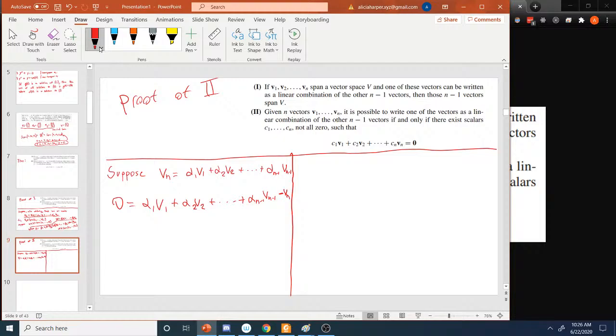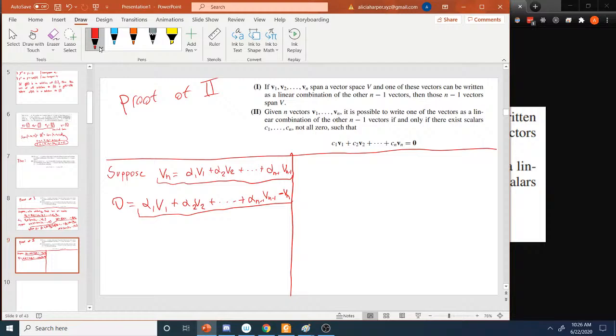Note that not all coefficients here are 0 because the coefficient of Vn here is negative 1. So if we have this relation, we easily get a relation of this form, where not all the coefficients are 0. So this completes one direction of this proof.